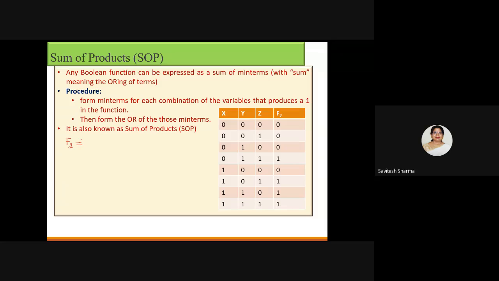Just do it, identify, and then tell me what you will write. Everyone, please see and tell me. First, I will write the min terms. I will list all the min terms, and then I will convert them into the expression.